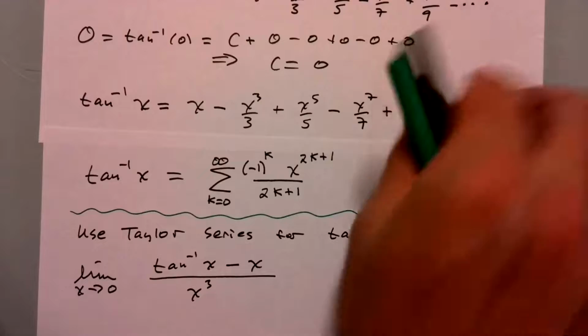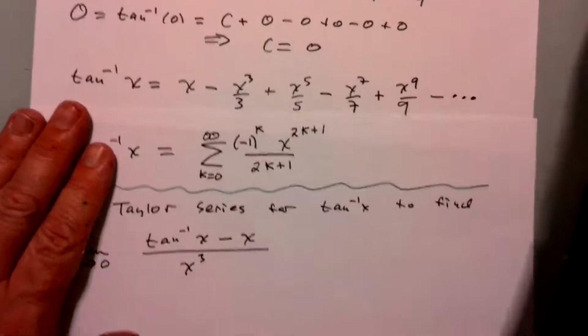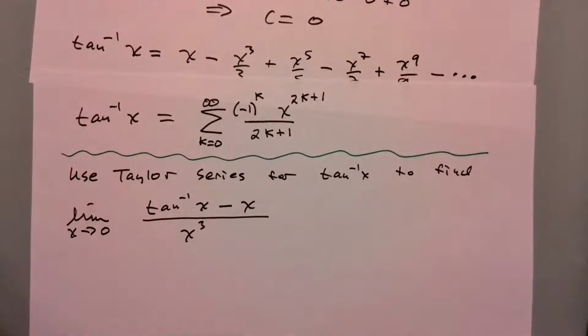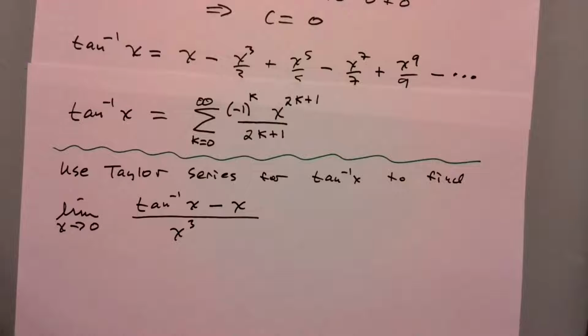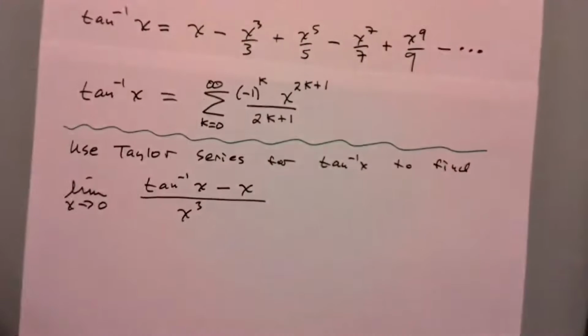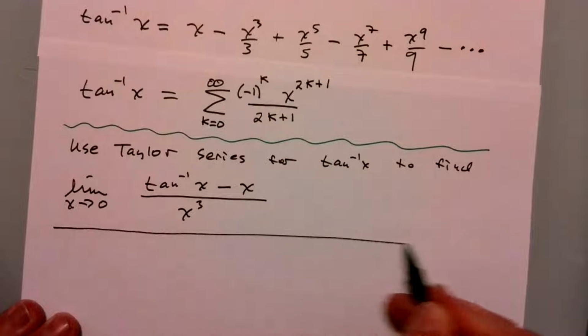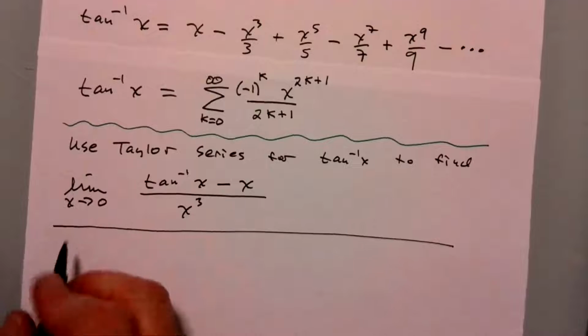So, what do I have? I need to take inverse tangent of x minus x and then divide the result by x cubed. You can see, barely.